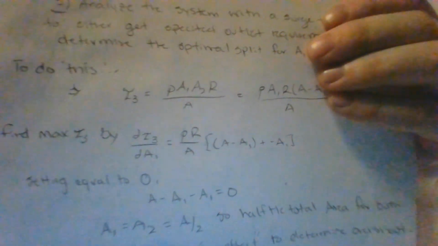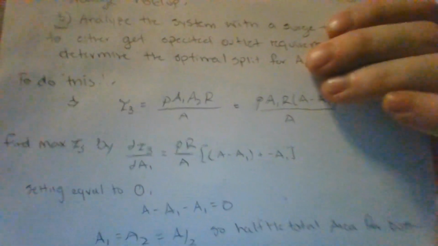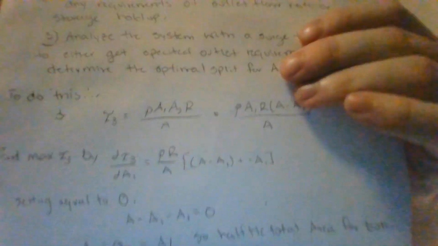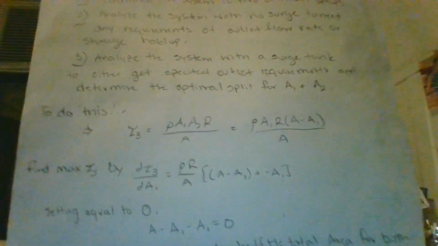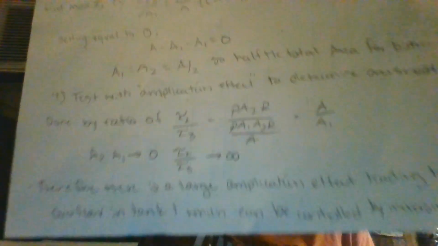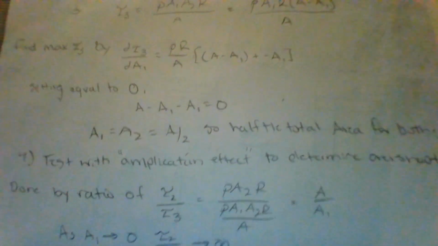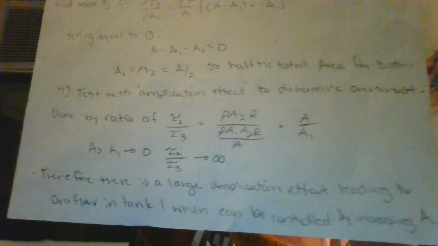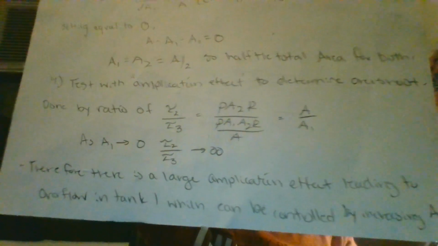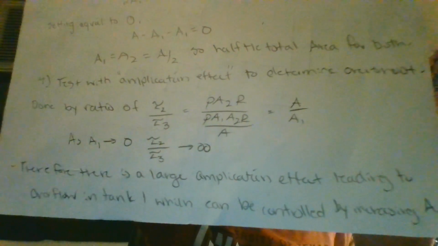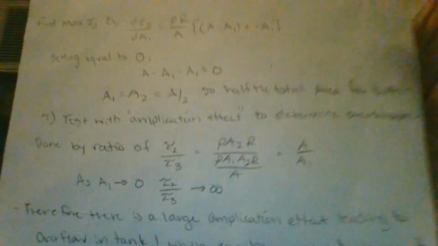And when you do this, you find that as the ratio goes to infinity, the areas would go to 0, meaning that a larger tank area for area 1 would be beneficial if you wanted to limit the overflow and overshoot values from the height of the tank, as well as limit the overall equilibrium inside the tank.